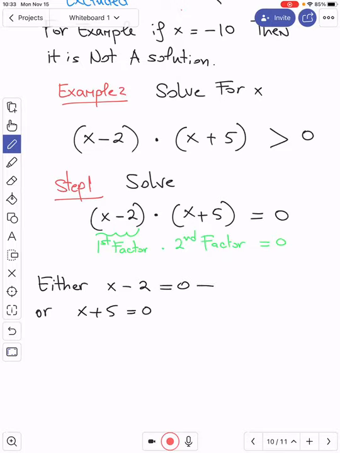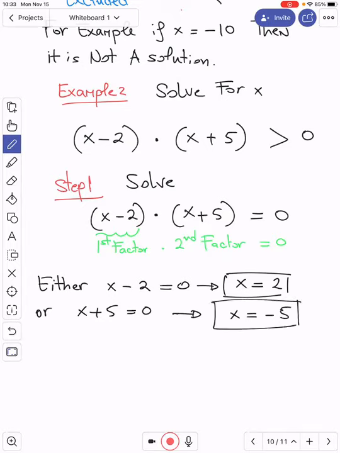Right? So then x minus 2 is 0, it means that x is positive 2. X plus 5 is 0, it means that x is negative 5. Okay. So as a first step, whenever you're going to solve an inequality, first you make it equal to 0.